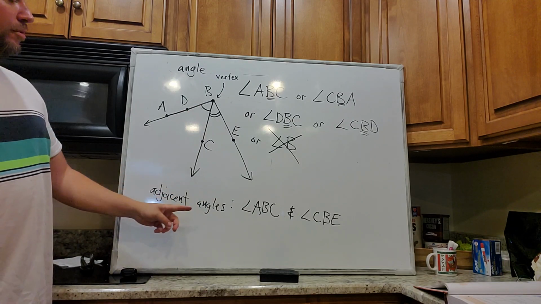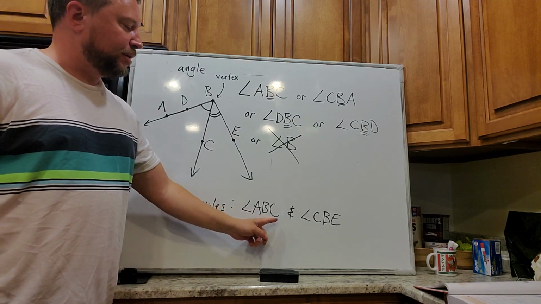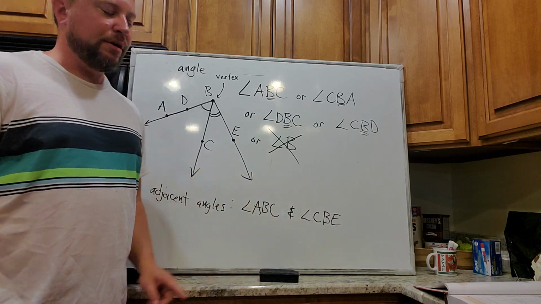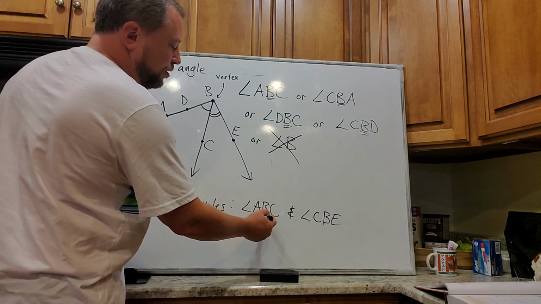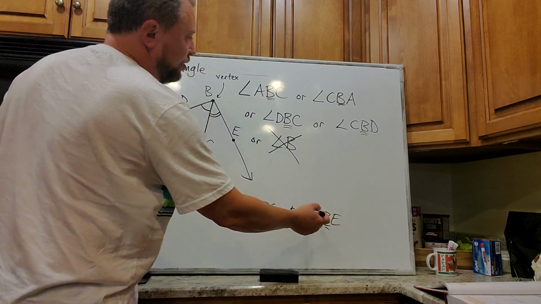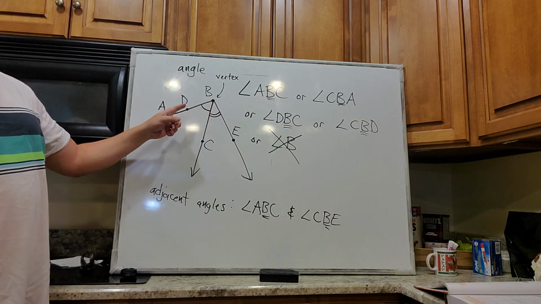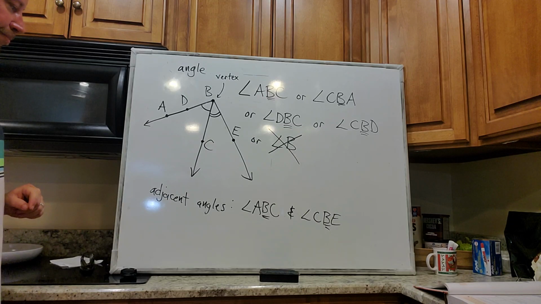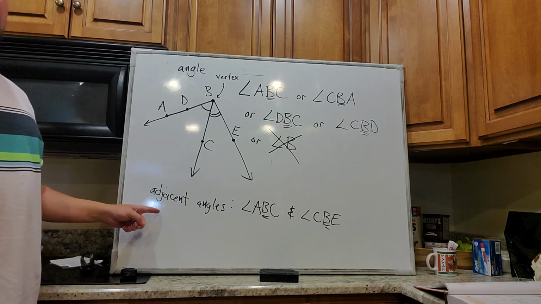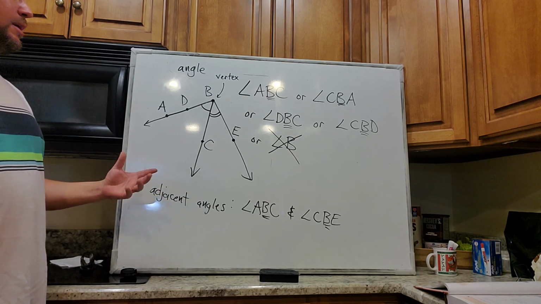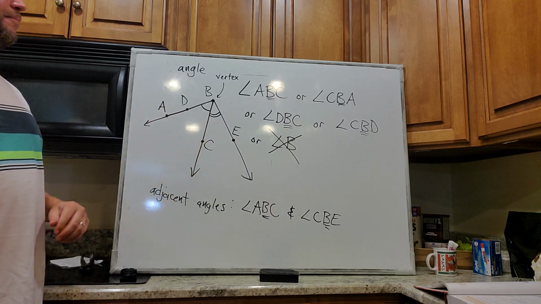So you'll notice they repeat those letters, BC, CB. But notice again, the middle letter is still B on all these angles that I've named up here because they all have that vertex up there at B. So adjacent angles is just a fancy way of saying they're neighbors side by side.